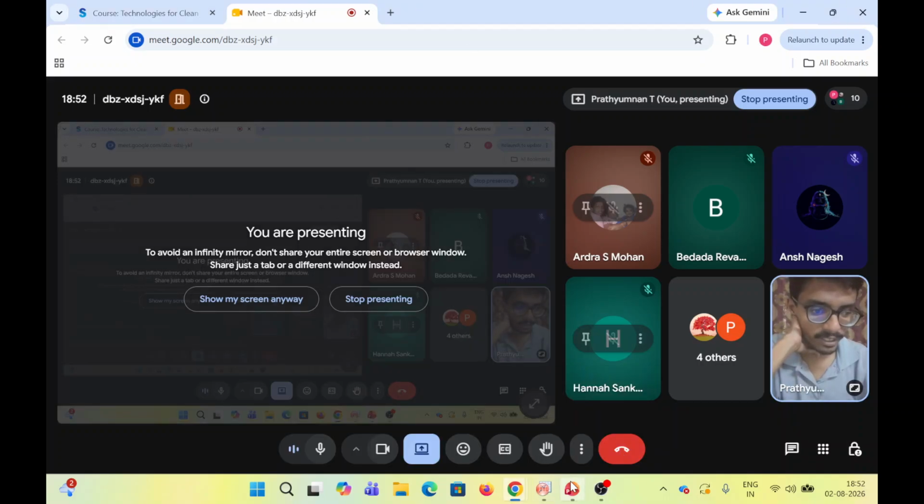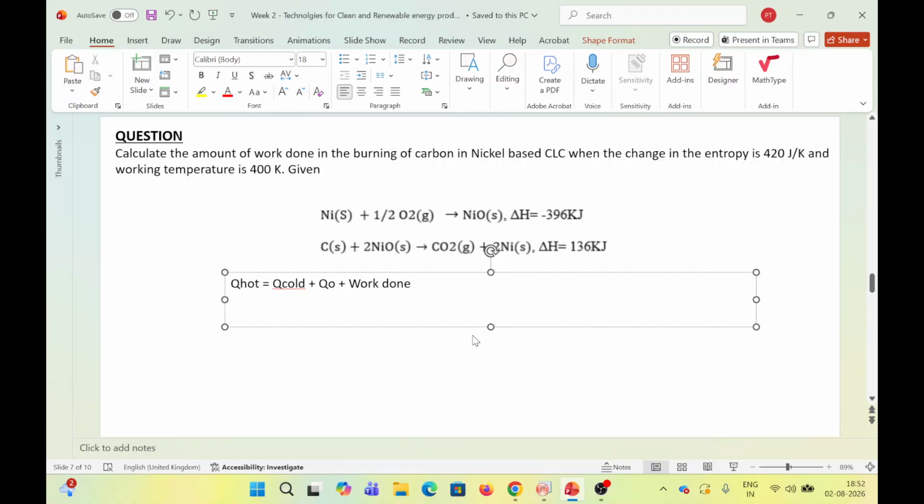I have given that equation. Now, please try to solve. Q hot, Q cold, we know. Q naught we can calculate. From here we can calculate the work done. What is the Q hot value? Please solve along with me.